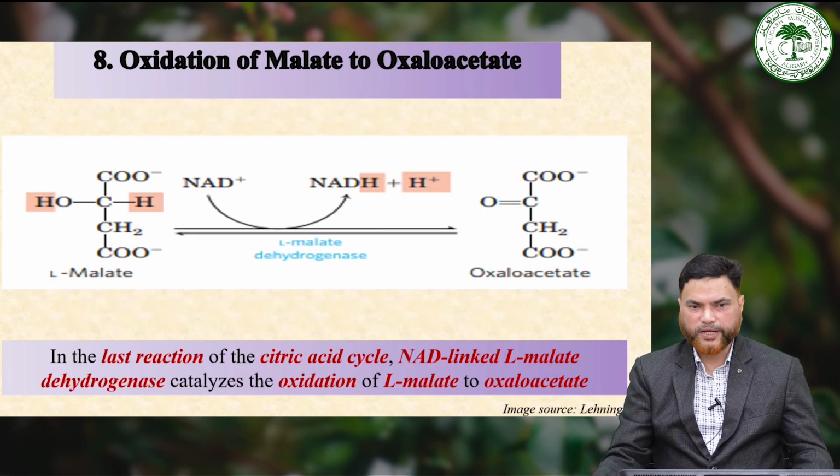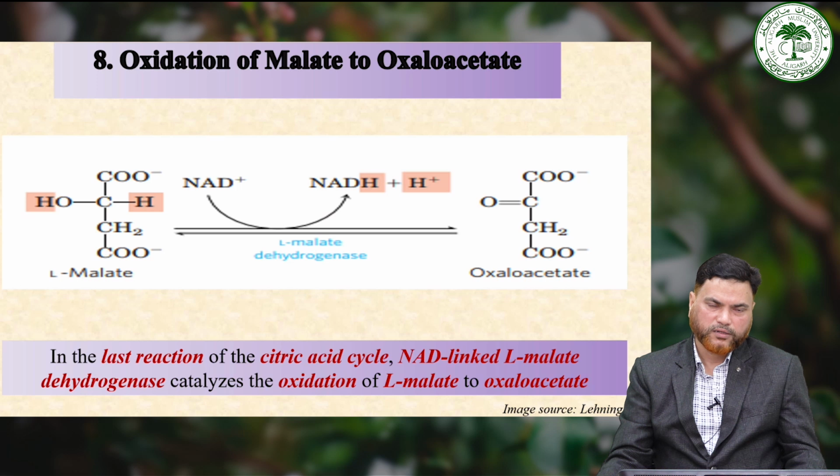Now, oxidation of malate to oxaloacetate. This reaction is catalyzed by L-malate dehydrogenase, and the oxidation of malate to oxaloacetate requires energy, with a delta G of 29.7 kilojoule per mole.